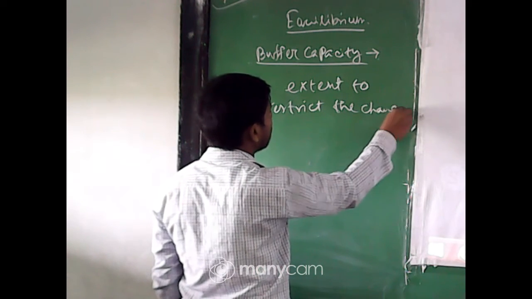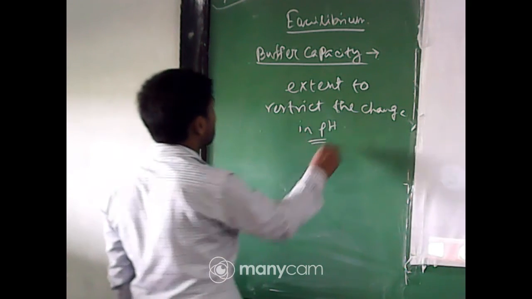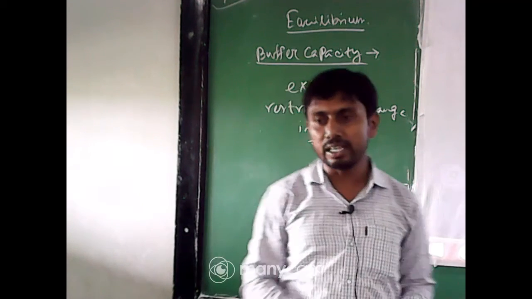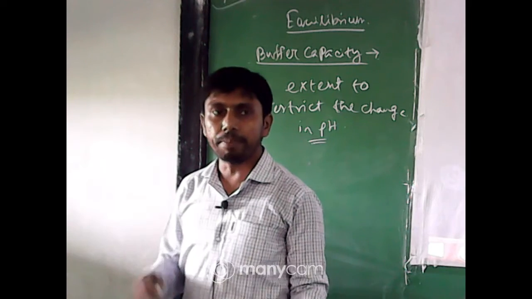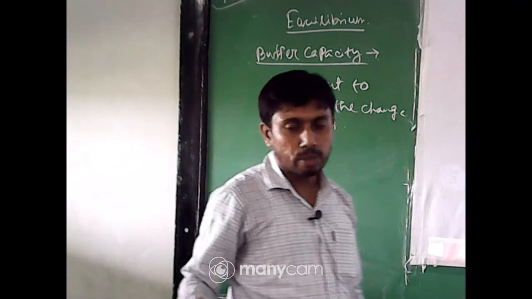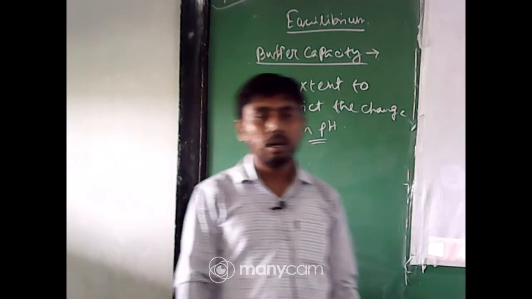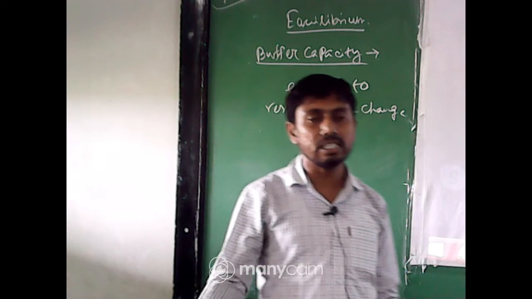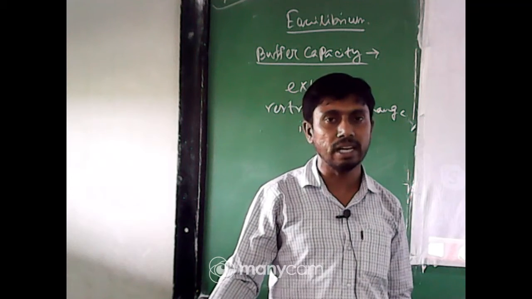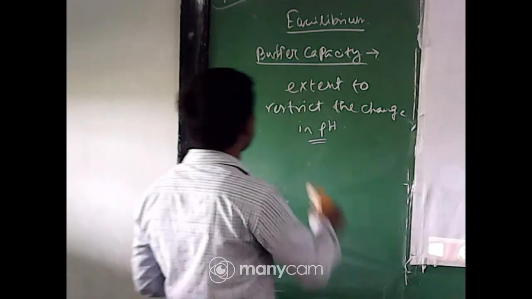It can be defined as how far the solution can restrict the pH, for example when it can take 20 ml or 25 ml of acid or of base, to that extent it will restrict the pH. But above that, if we add more acid or more base, then the buffer capacity is lost. What is the application of this?